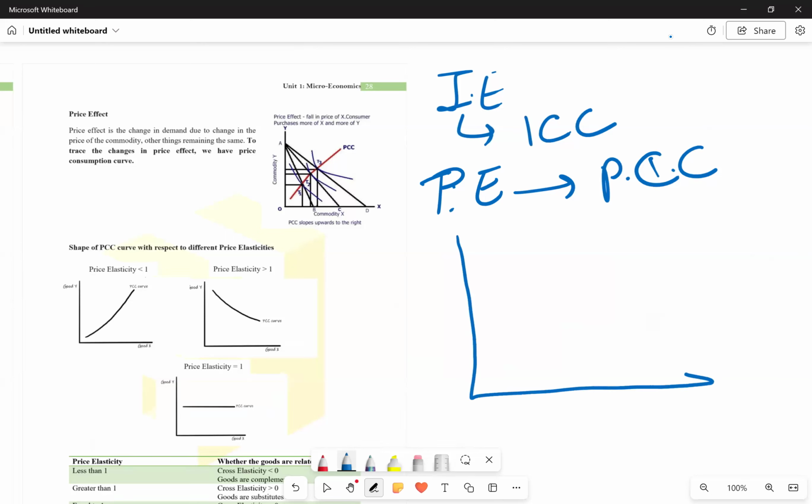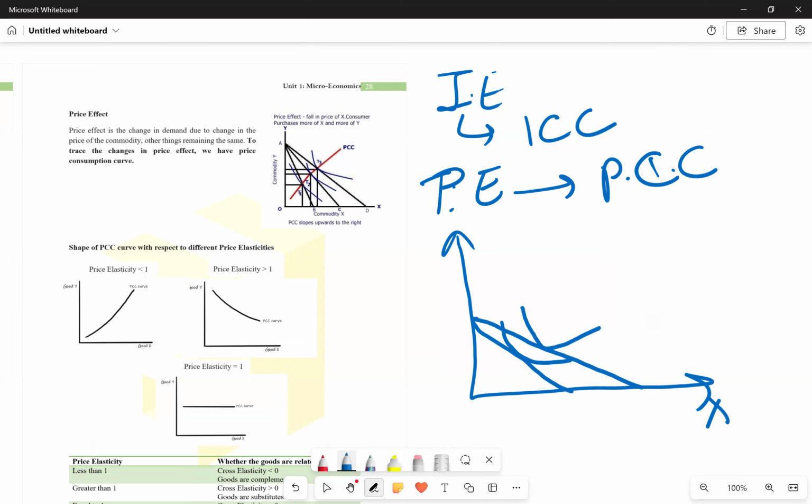So, for example, let's just say this is the original budget line and IC1. Now, if price of X falls, the budget line moves outwards, right? And this is the new equilibrium point.